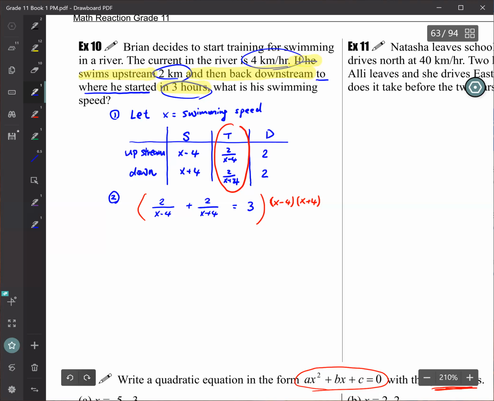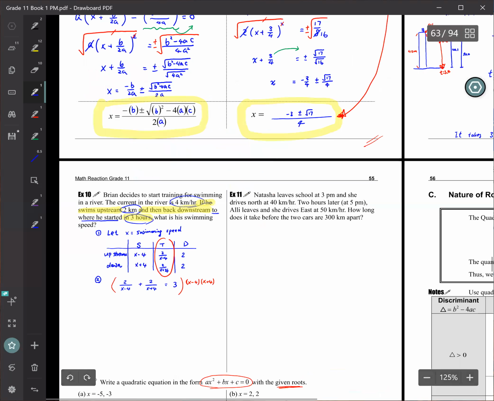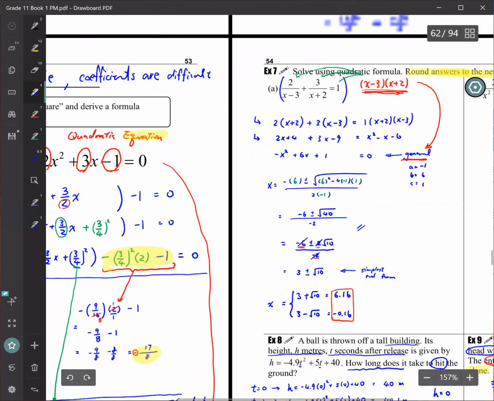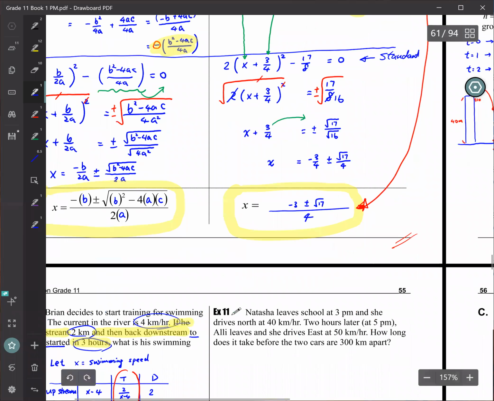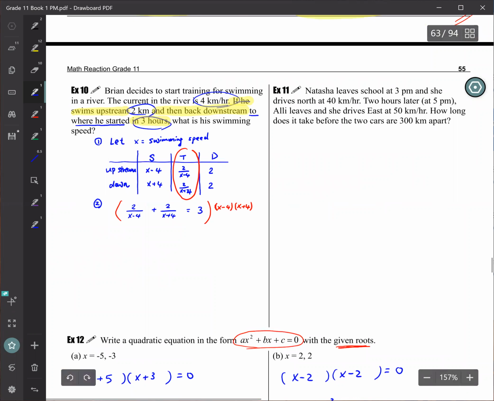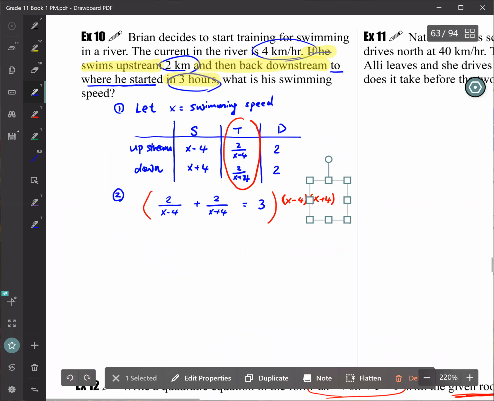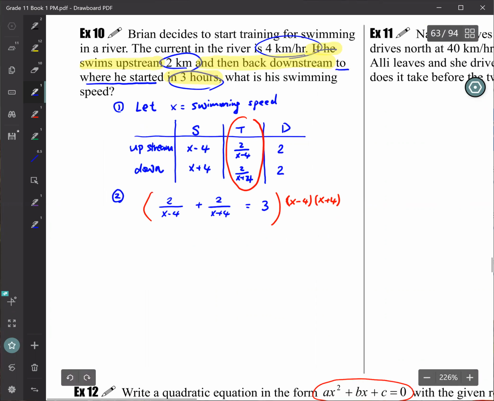Right, so everyone please try that and solve for X. Okay, you can follow the steps in question 7a, right? Similar. Once you get to general form, plug into the quadratic formula. And for this one, once again, when you get the answer, one of them you need to reject, okay?